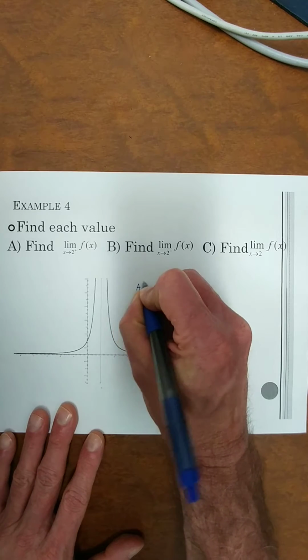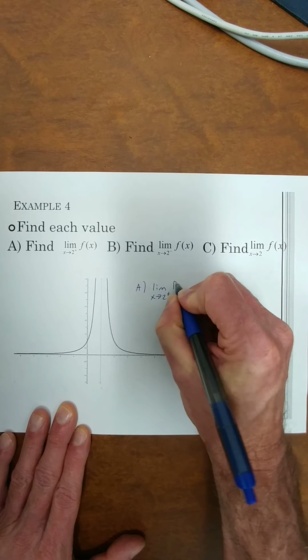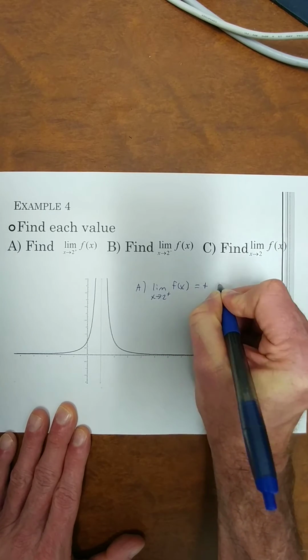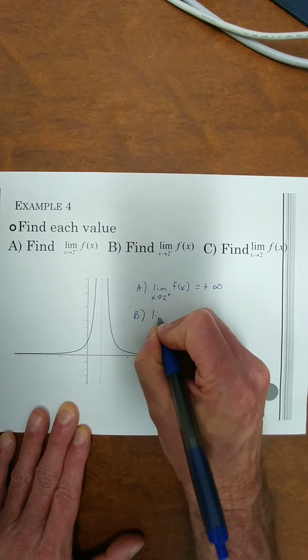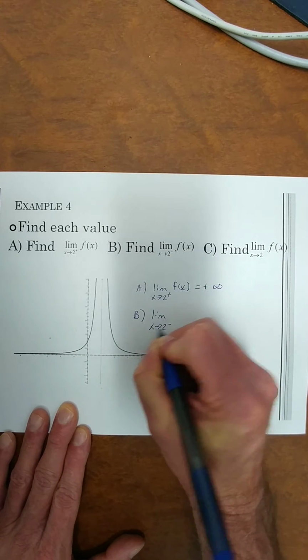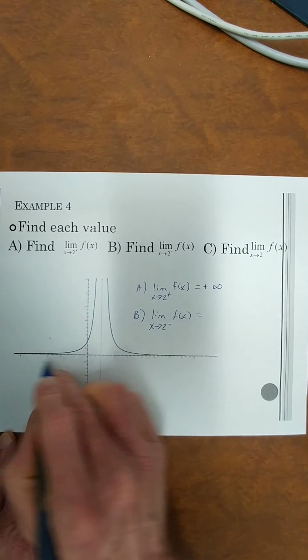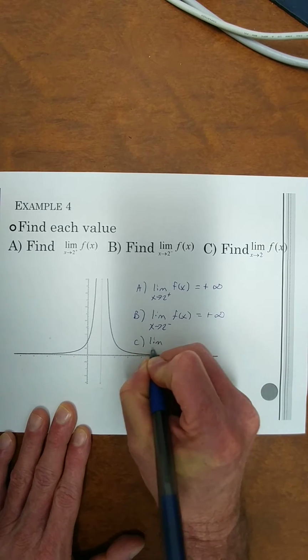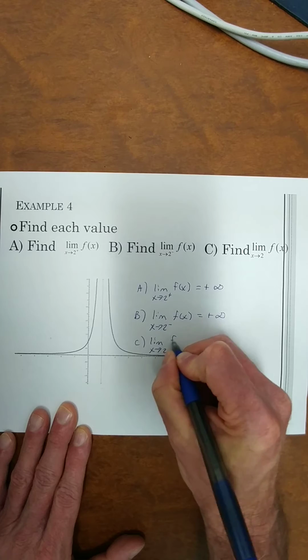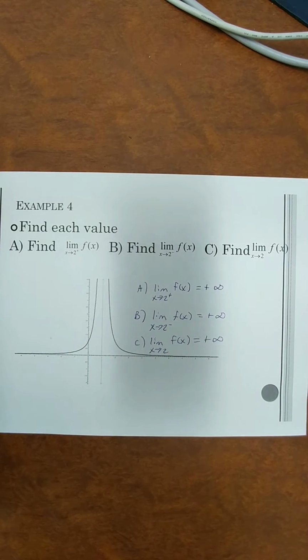So in this case, for A, we would describe the limit as x approaches 2 from the right as positive infinity. Looking on the left side, again, it appears to be approaching positive infinity. And in a sense, we have agreement here.